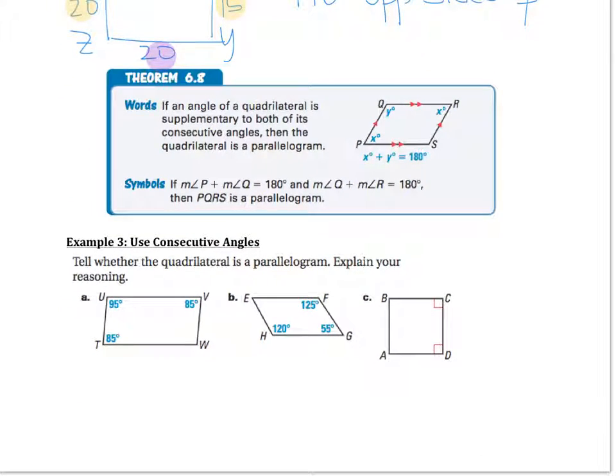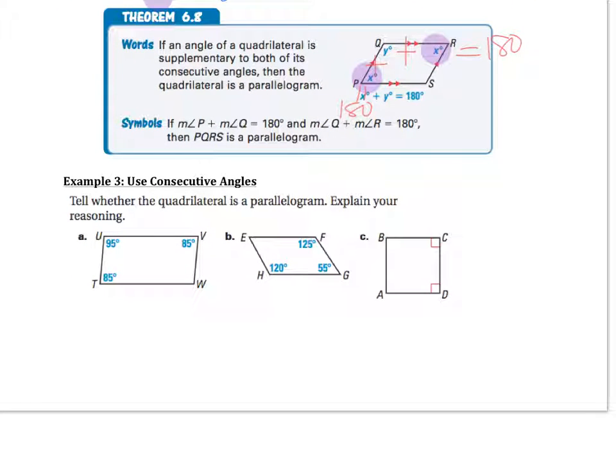When we go to the consecutive angles, it's best to look for my opposites to be congruent, and then I need them to equal 180 both vertically and horizontally. So it's very easy if you don't have that first set congruent to say no. So we're going to look at this first one.